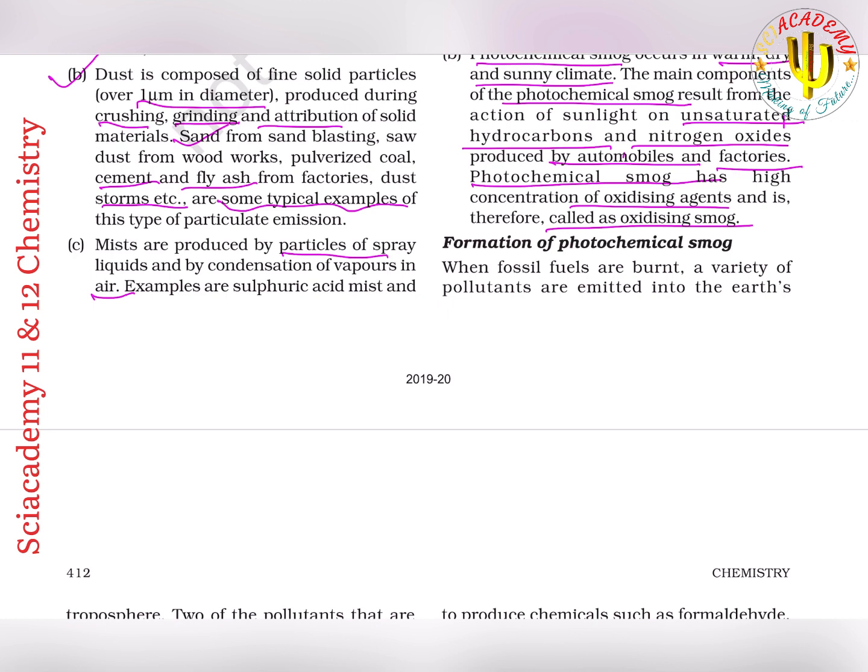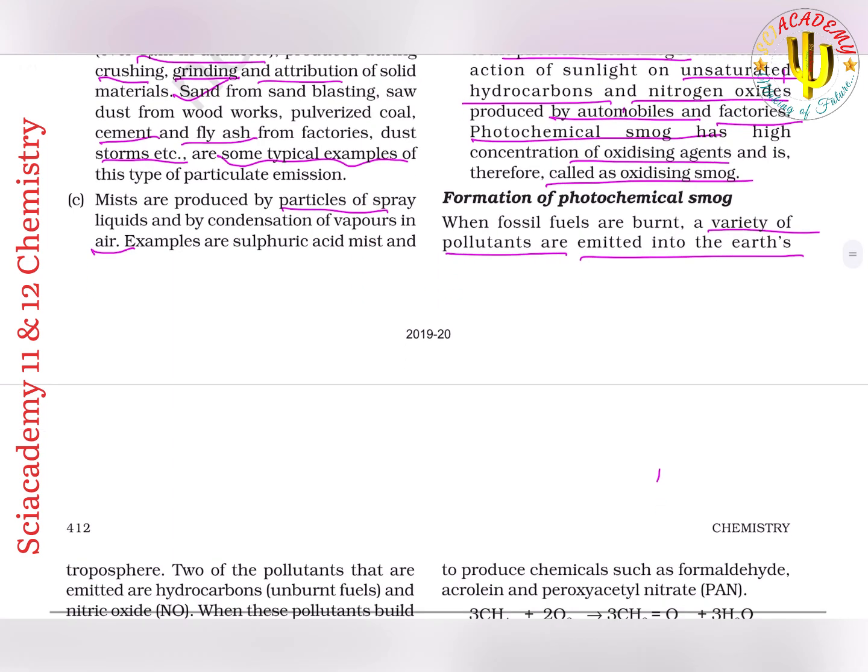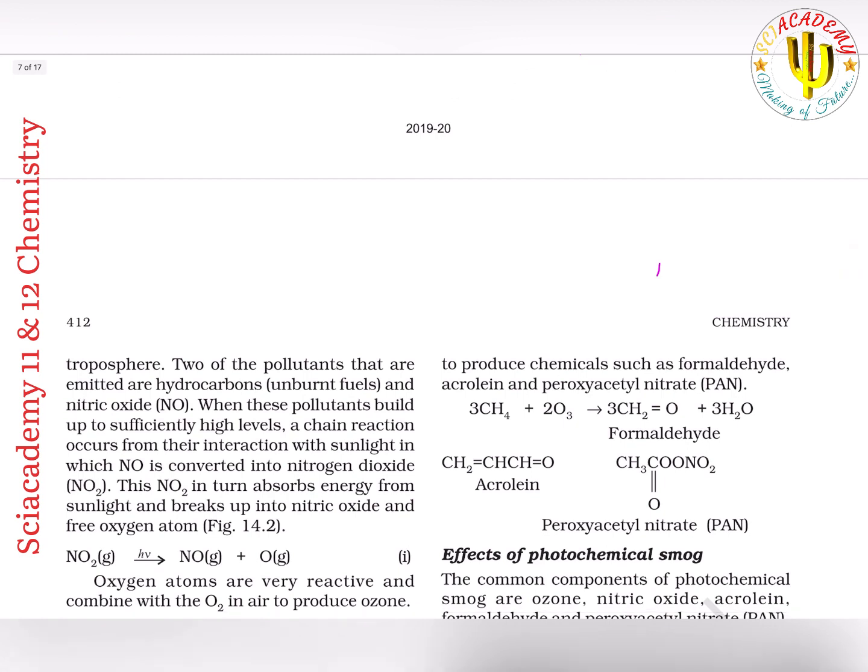Formation of photochemical smog. When fossil fuels are burnt, a variety of pollutants are emitted into the Earth's troposphere. Two of the pollutants that are emitted are hydrocarbons and nitric oxides.